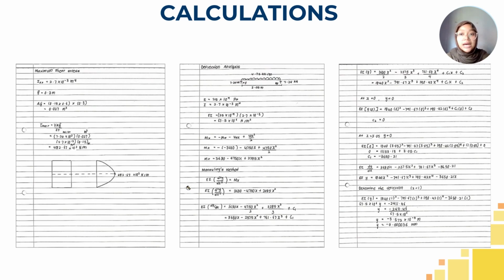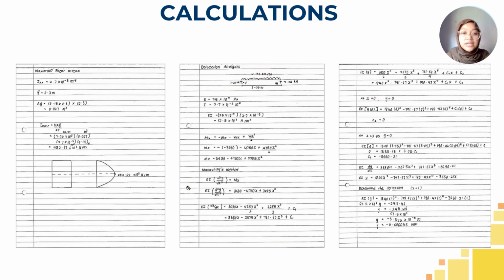Alright, untuk seterusnya, saya masukkan nilai X sama dengan kosong, Y sama dengan kosong dalam equation EI bracket Y. So, saya mendapat C2 sama dengan kosong. Okey, untuk seterusnya, saya menukarkan nombor X sama dengan 3.05 dan Y sama dengan kosong.